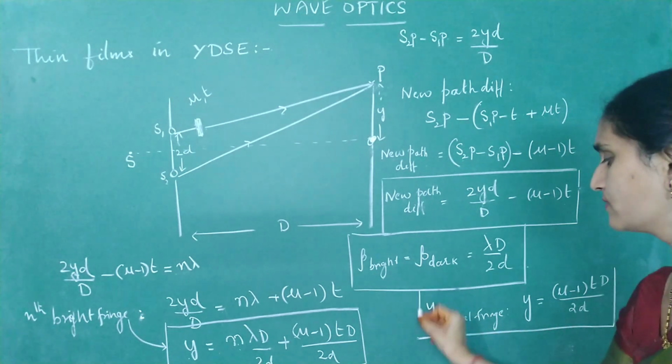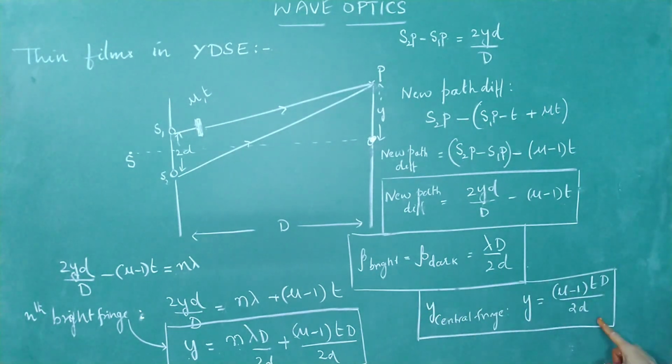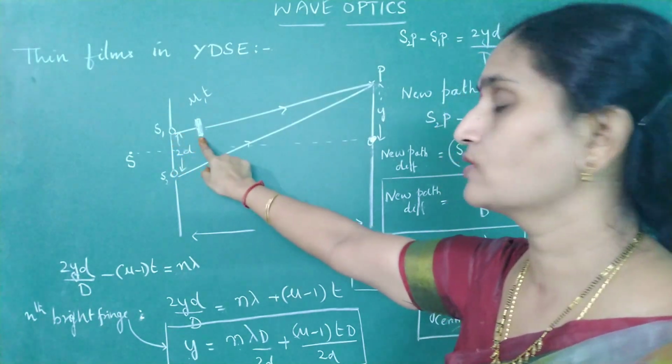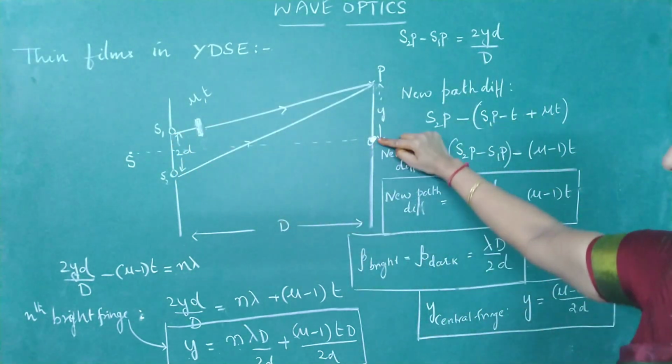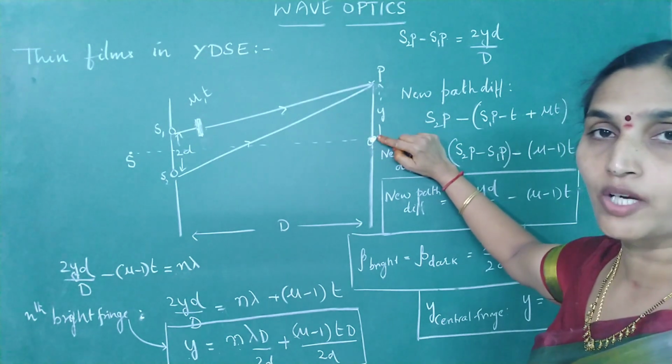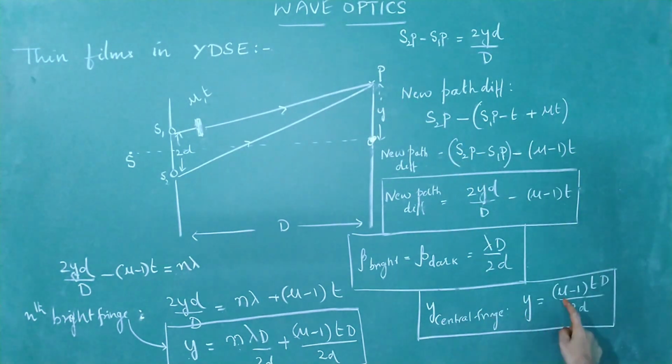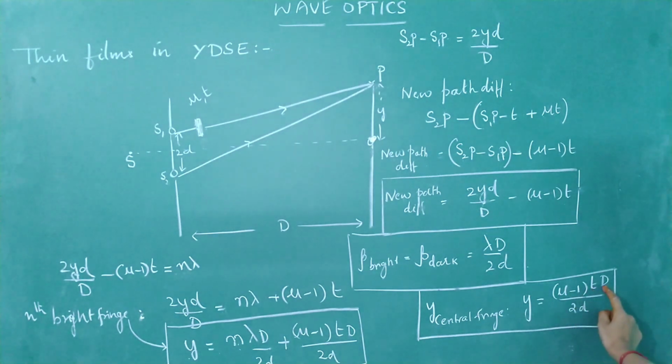This is the distance of the central bright fringe. We have got a positive value here. So a positive value implies that when you introduce a thin film in the path of S1, the central fringe which was previously at the center point O has shifted upward by a distance (mu minus 1) into t into D by 2d.